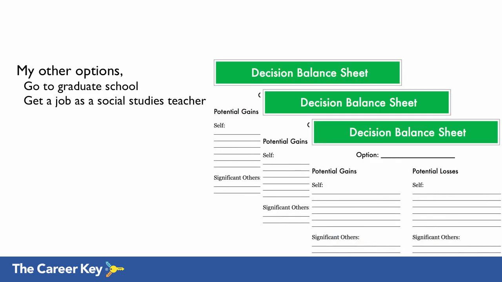So these are the options that I was thinking of. Go to graduate school, get a job as a social studies teacher, and of course, teaching in Turkey. If I had known about the ACIP method, I would have completed a decisional balance sheet for each one of these.